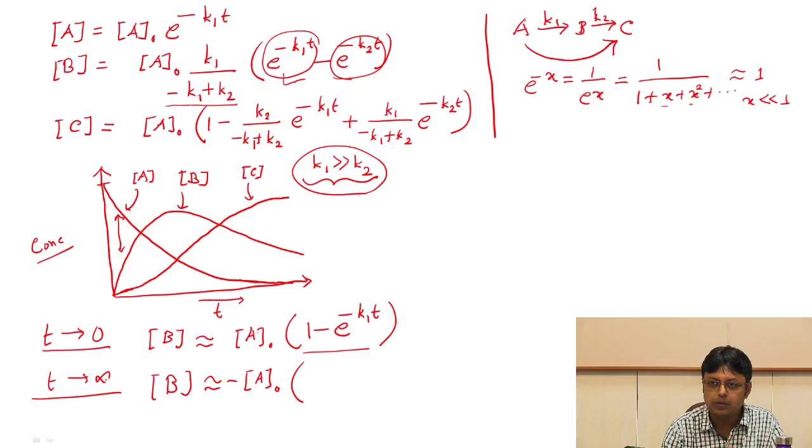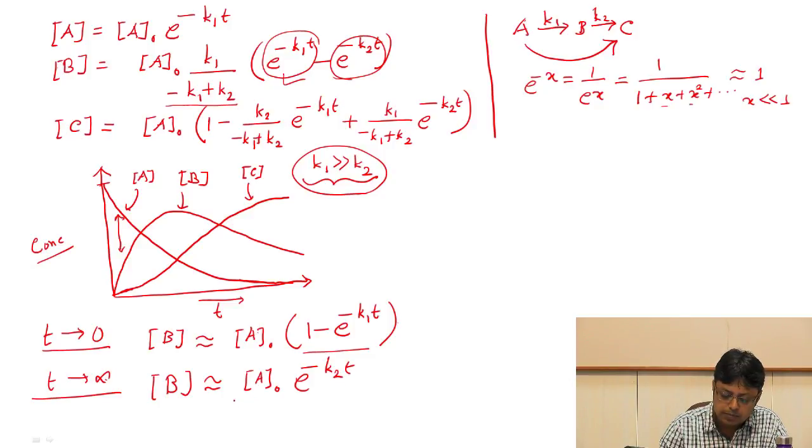So it is going to e to the power minus infinity, and you can totally ignore it. Then you have the second term, e to the power minus K2t. Together with the minus signs, you can write it as e to the power minus K2t.